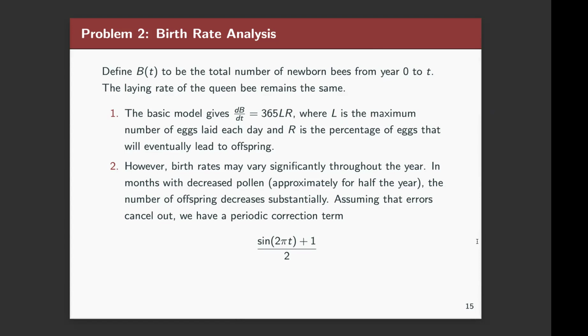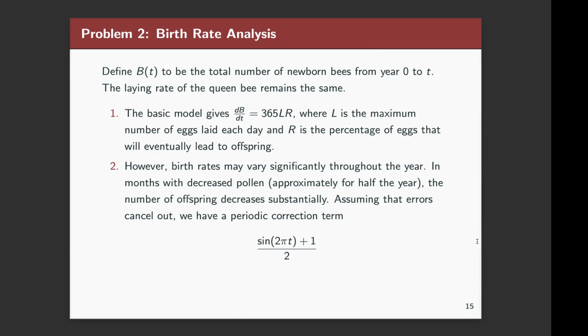And what this tells us is that this function has a period of 1, which here, since the time unit is years, it has a period of 1 year. So it basically shows how the model and how the number of bees and the number of new eggs laid varies across the 4 seasons.